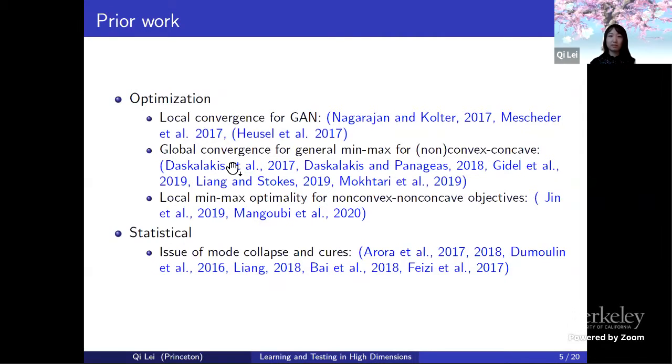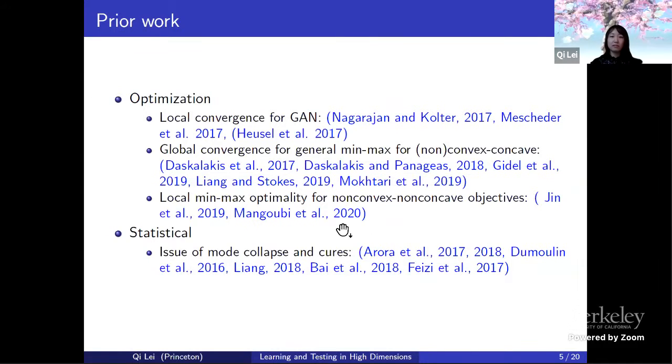And for general min-max optimization, there are also some studies. For global convergence, they can mostly only show results for the non-convex concave or convex concave setting. And there are also some local algorithms that achieve local optimization for non-convex, non-concave objectives.